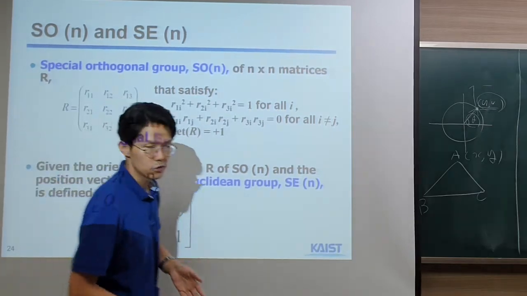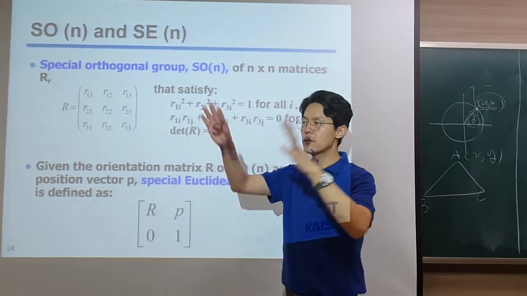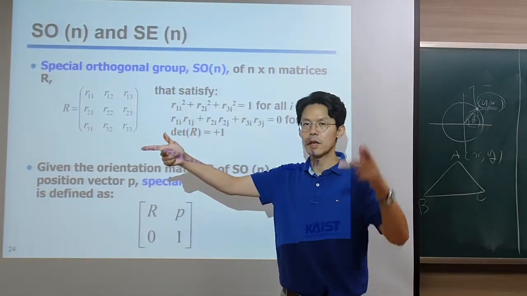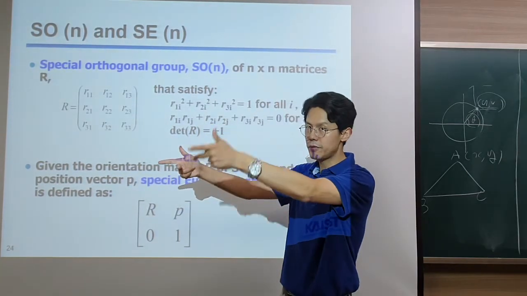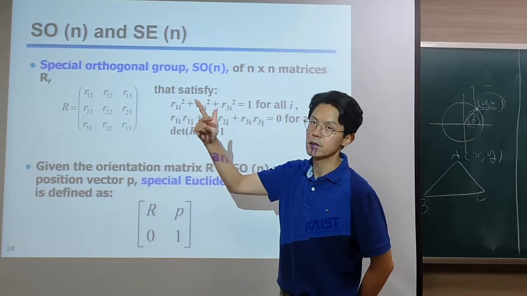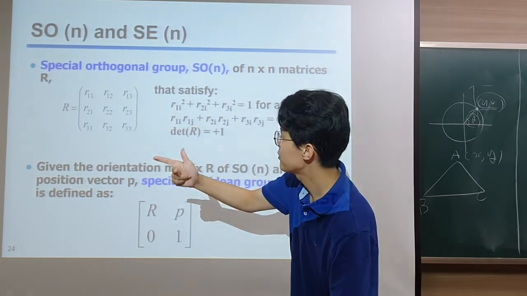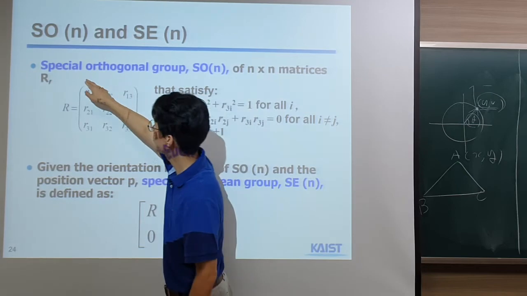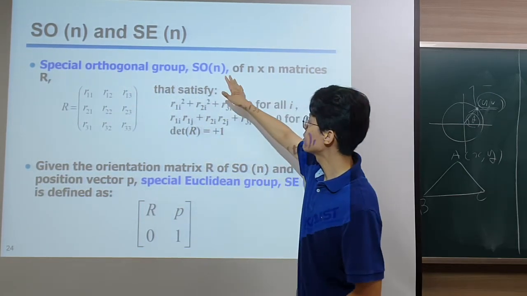Intuitively, one can represent orientation with the right hand, or some people can represent it with the left hand. But here I use only this one. I just accepted the right-handed frame. That's why it has the name special orthogonal group SO(n).